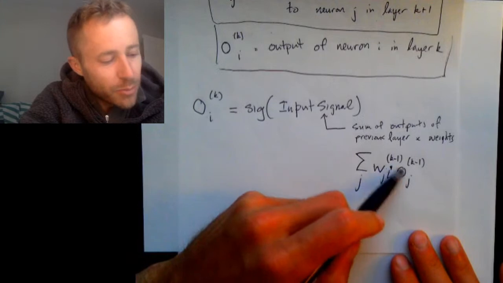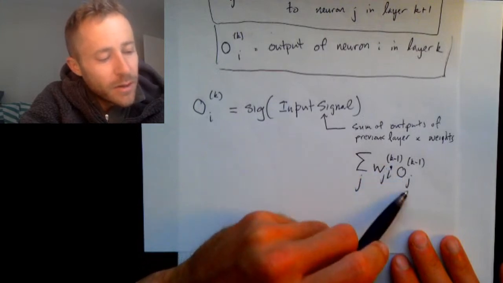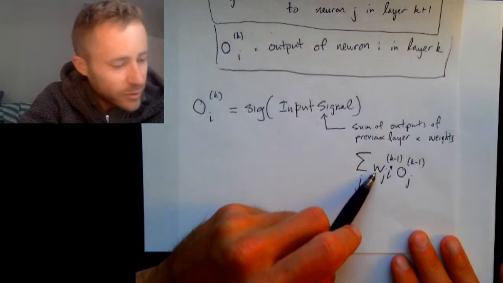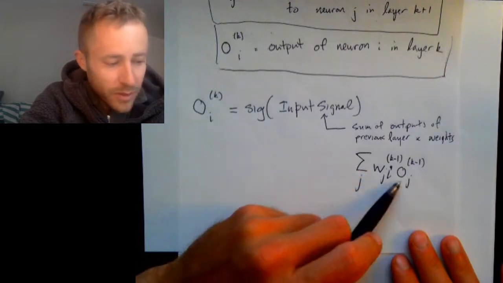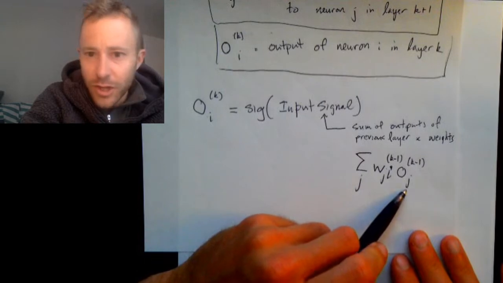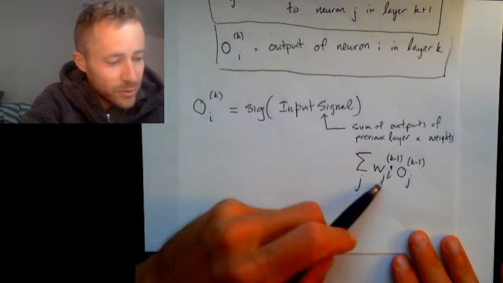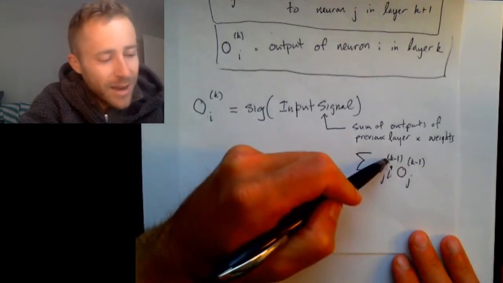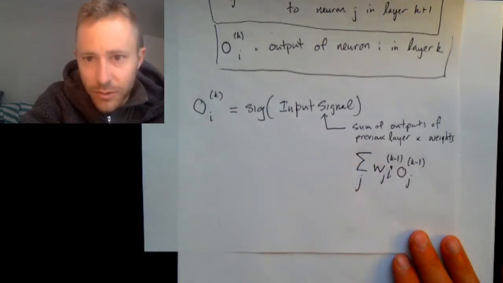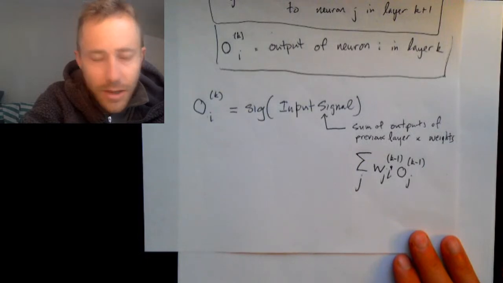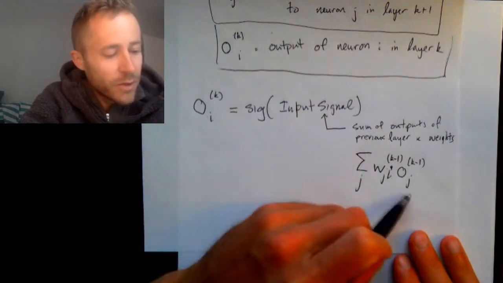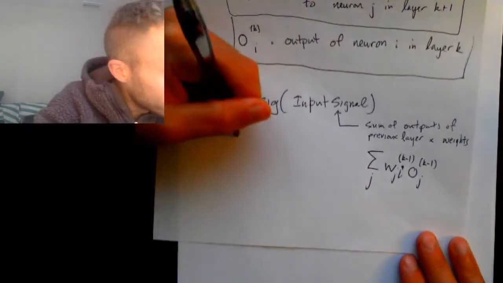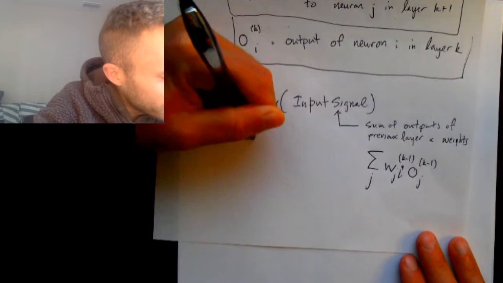So the previous layer, we are multiplying it by the link weight, because this is the link weight that connects neuron J to neuron I, so it's WJI, and it's the link weight that is coming out of the previous layer, okay? And we are summing over all of the neurons in the previous layer. So this is our main formula for today.